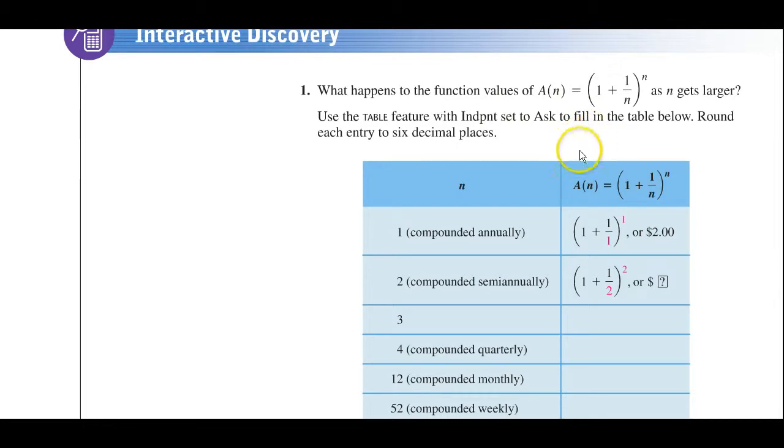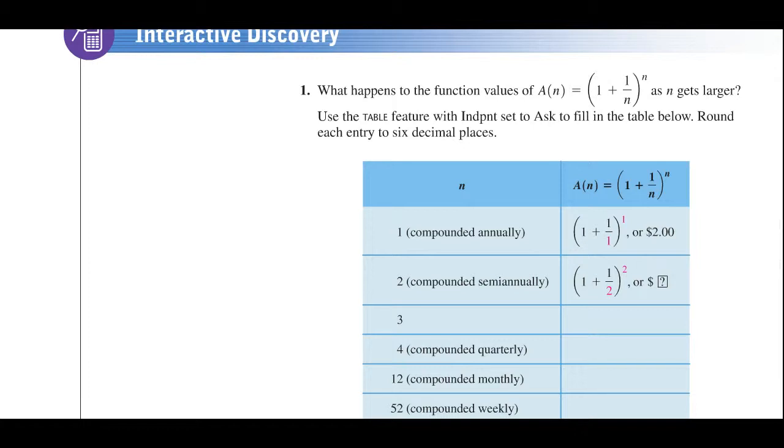That would be outrageous interest, but that's if it were 100%. Anyway, you would have $2. Now, how about if you were going to compound that semi-annually, which means twice a year? So your n value then is 2. So you put a 2 there, and you're going to square this.